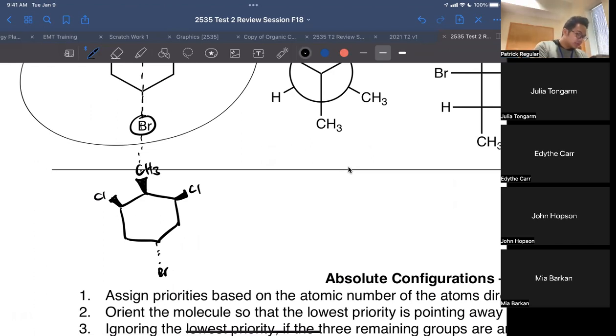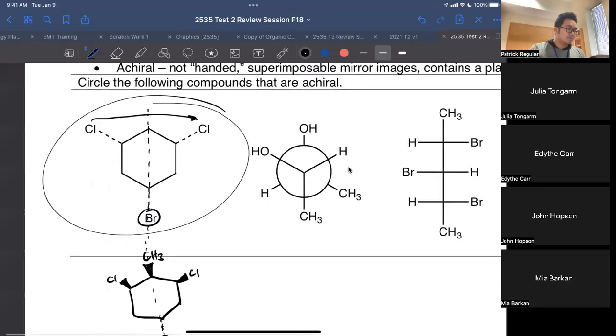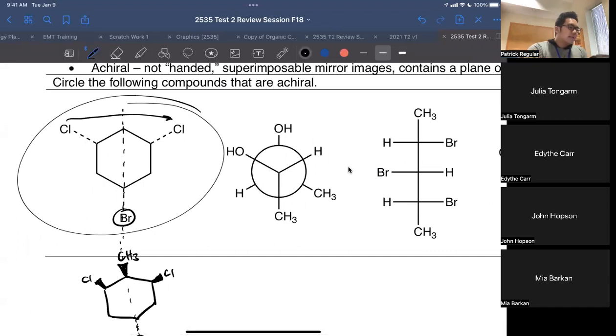There is an internal line of symmetry straight down. All right. And these wedges really matter if they're not on the line of symmetry, because they're the ones actually folding. But even if this Br is dashed, it's on that line of symmetry, so we can just draw it right through it. It doesn't really matter. It's the beauty of the tetrahedral atoms. All right.